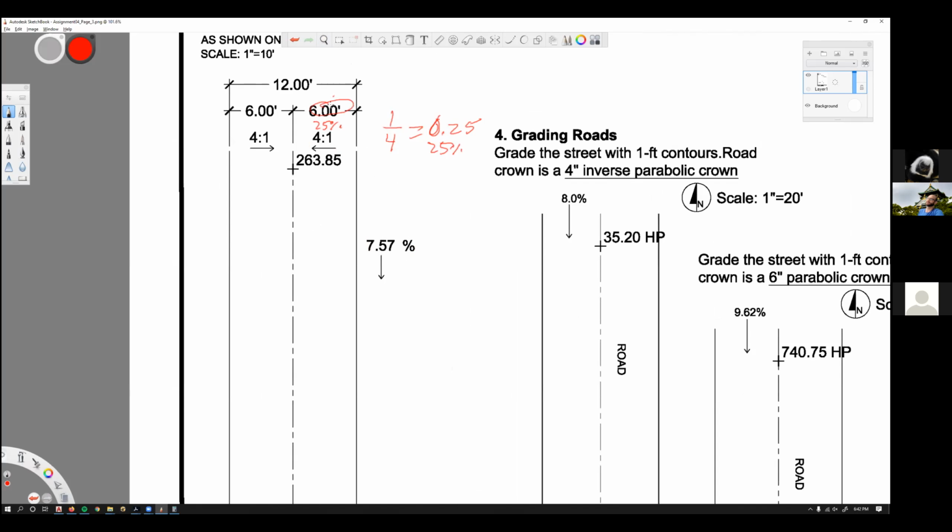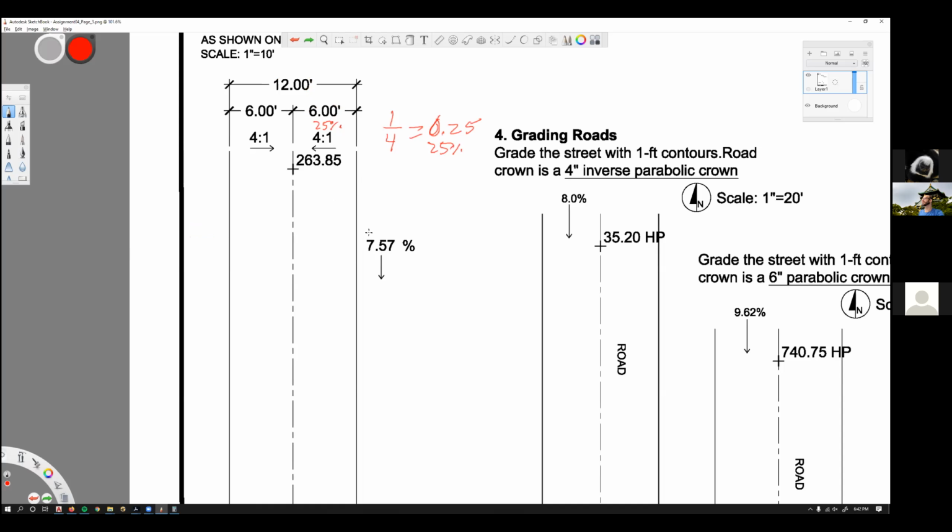The thing to remember is don't plug 12 into the equation. We're using 6 because we're only going to the center of the road, because a cross section of this swale would be, you know, it's coming up and then it's coming down like that.